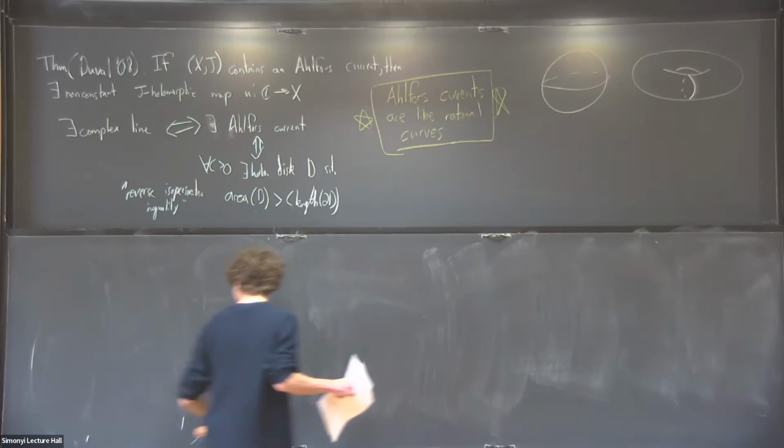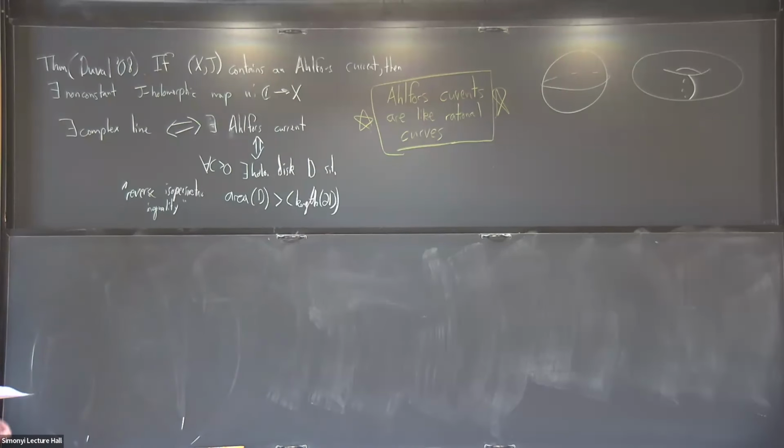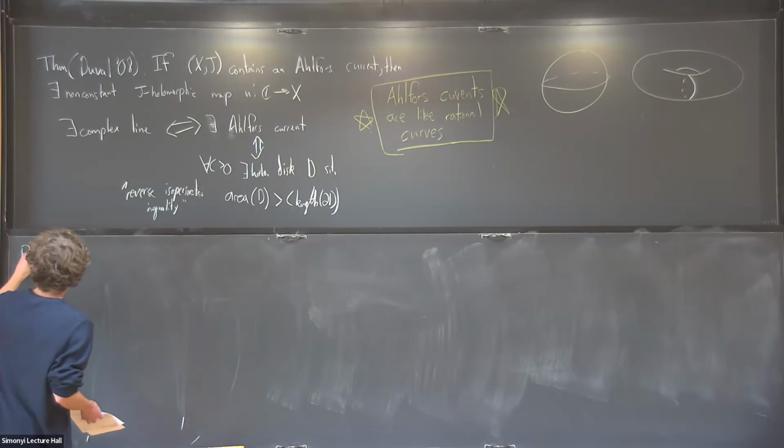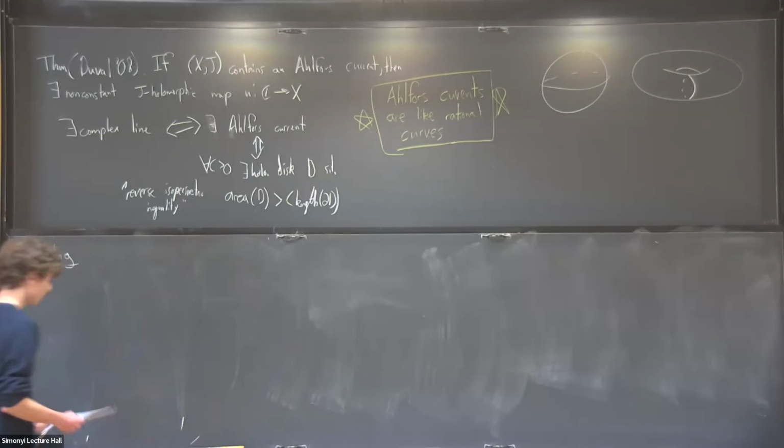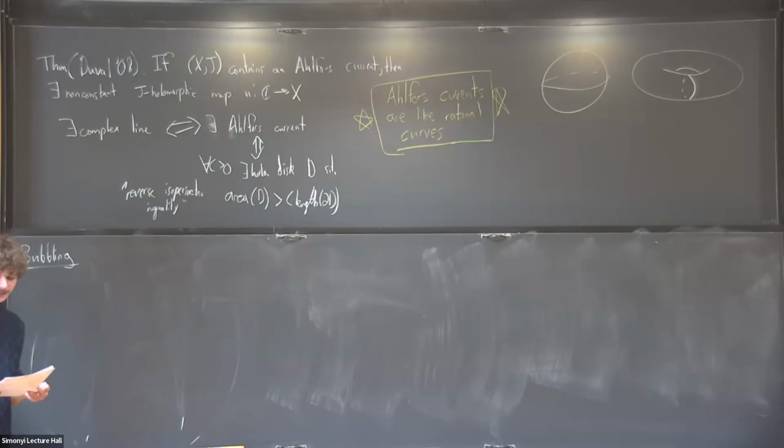So that's the first point in the analogy, that the Ahlfors current is going to be constructed with a continuity method. The second point is bubbling. Rational curves arise as a source of flexibility, because they form bubbles, and that's part of why you don't have compact moduli spaces.